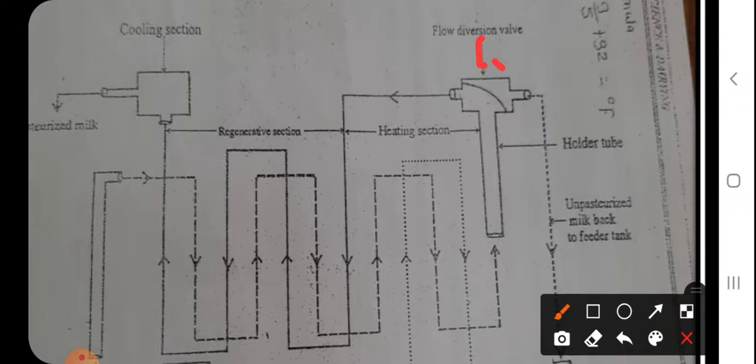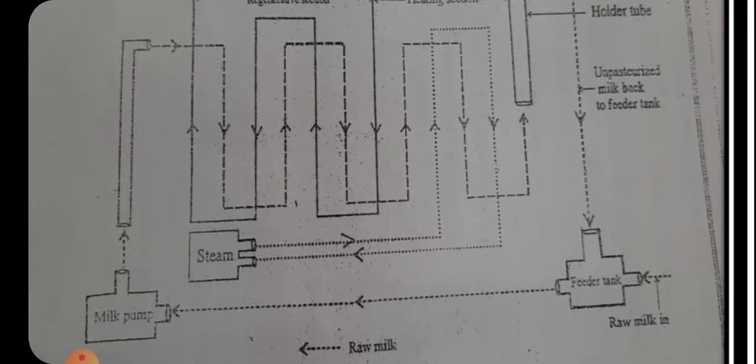What is the work of the flow diversion valve? When the milk is not pasteurized, it repasteurizes the milk. And this is the holder tube, and this is the unpasteurized milk going back to the feeder. This is the feeder.